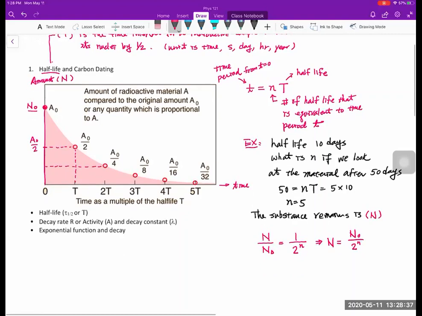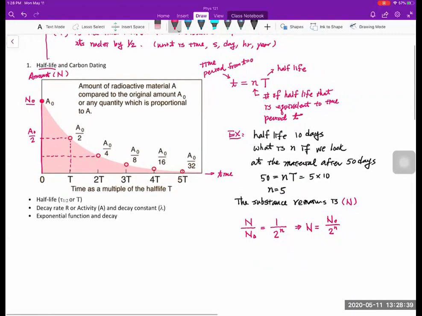So for this example, if you want to find how much is still left, N is equal to M0, which I didn't give you. Let me give you the mass of the material: that would be 1 kilogram.